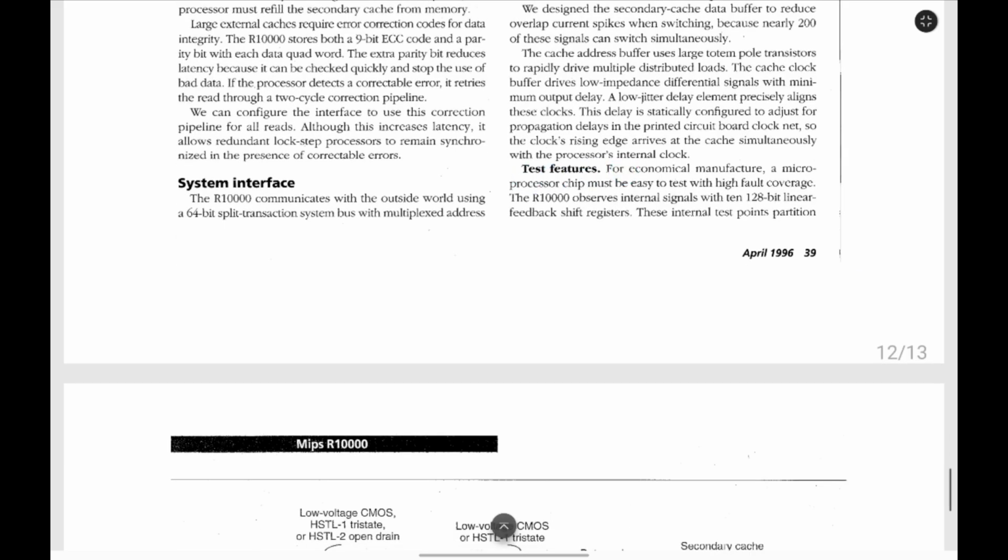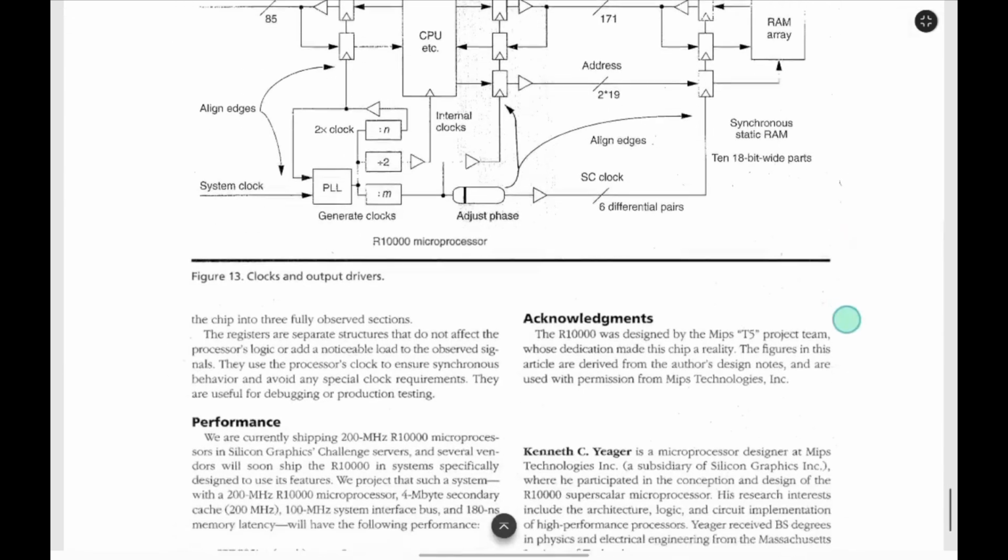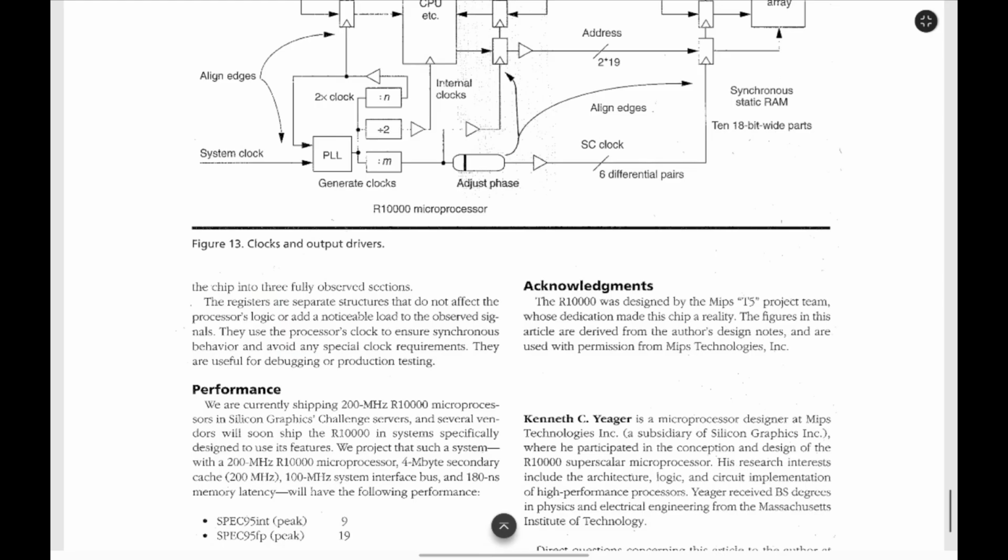The test features. For economical manufacture, a microprocessor chip must be easy to test with a high fault coverage. So the R10000 observes the internal signals with 10 128-bit linear feedback shift registers. These internal test points partition the chip into 3 fully observed sections.